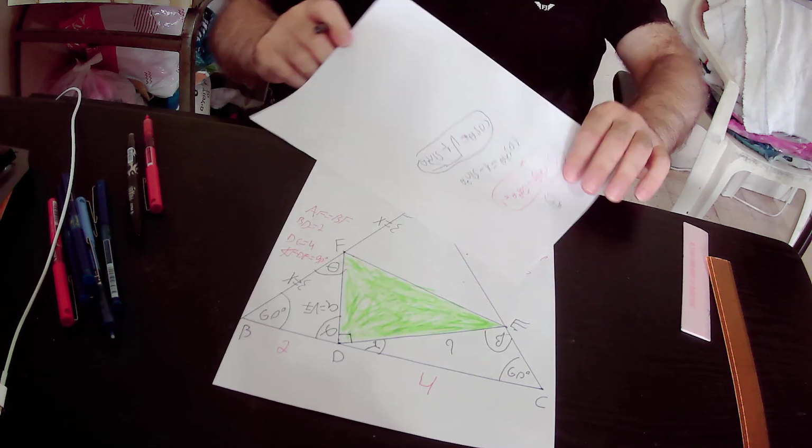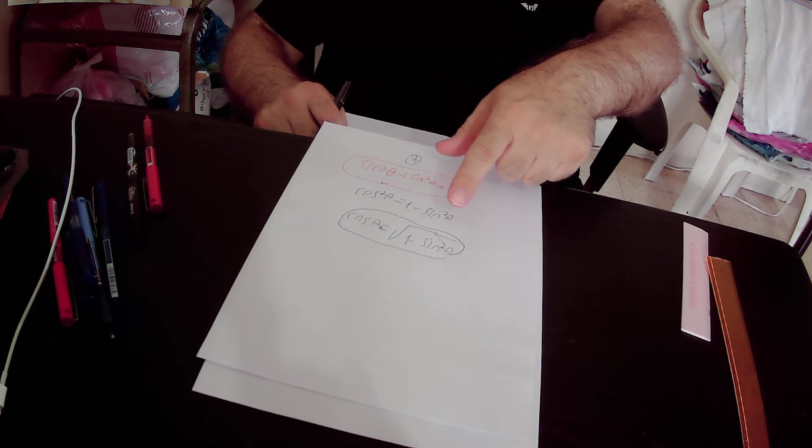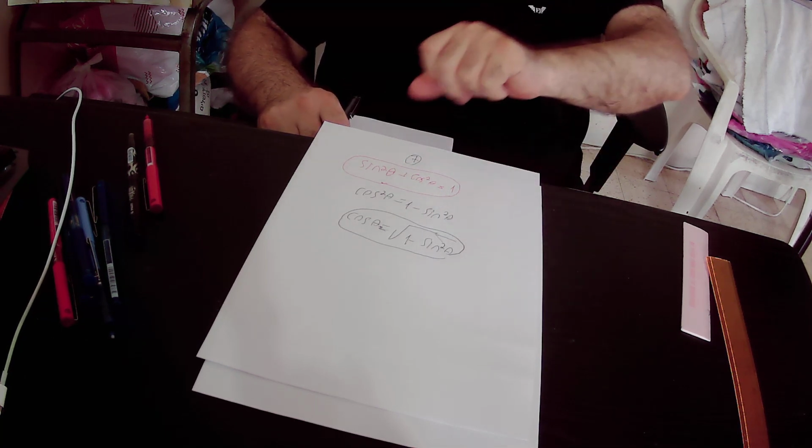Okay, we got the equality that cosine theta equals the root of 1 minus sine theta squared.